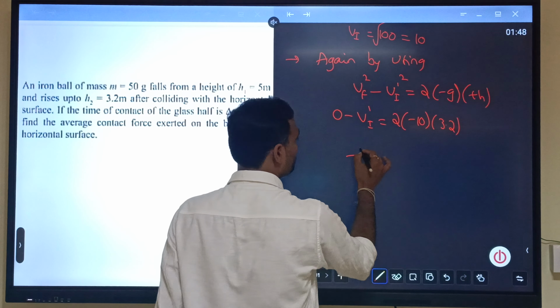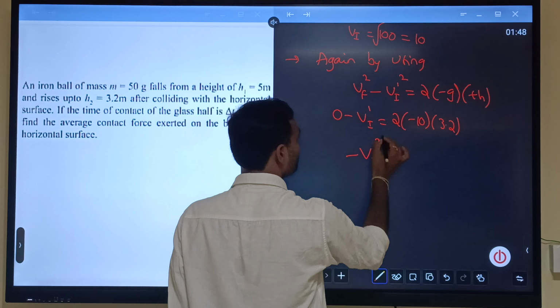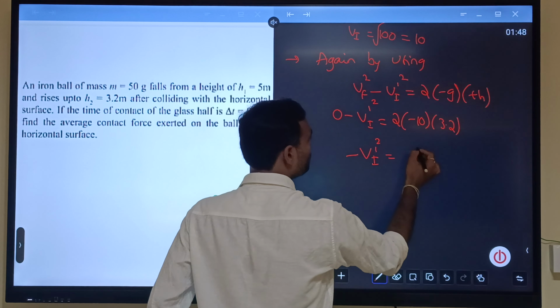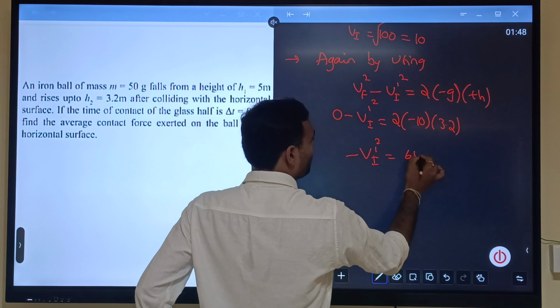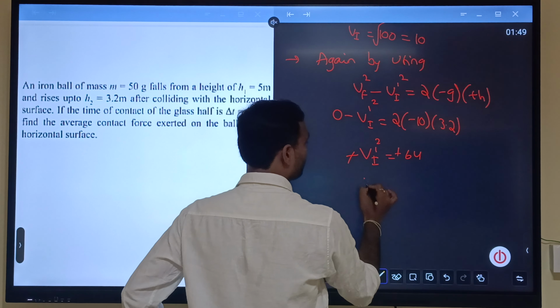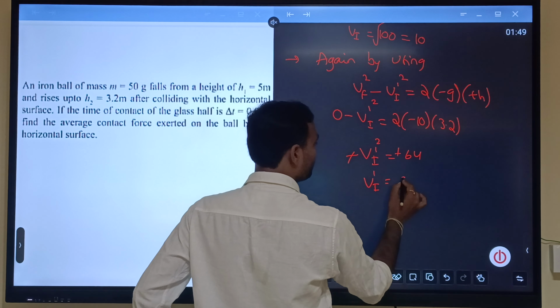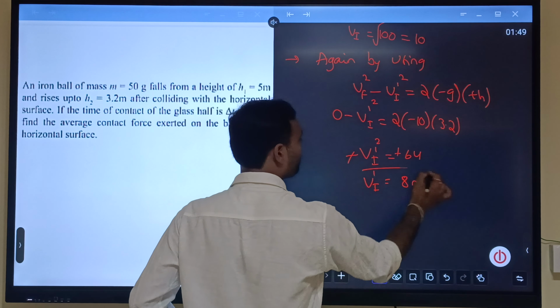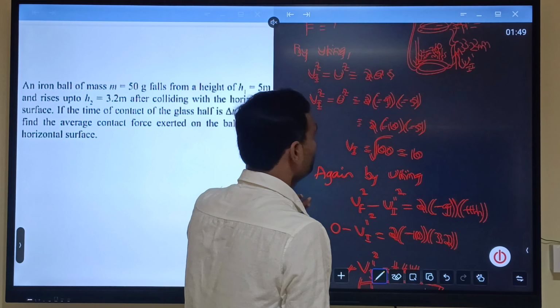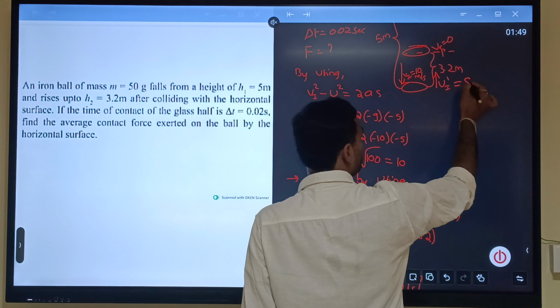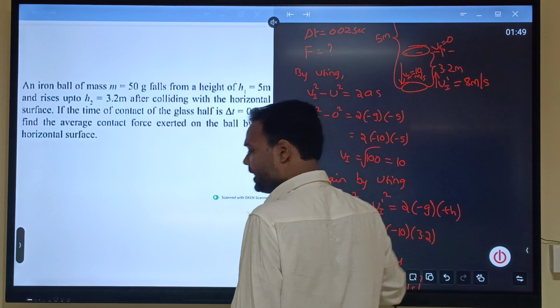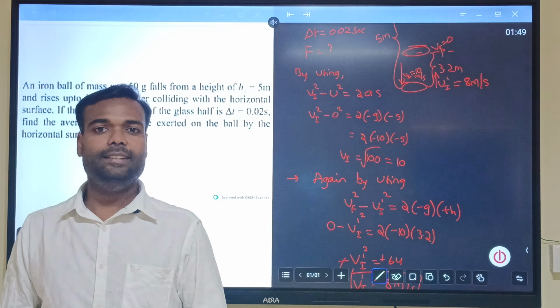So can I find now Vi dash square is equals to 64, minus gets cancelled, then Vi dash is equals to 8 meter per second. That means after collision, the object attains a velocity of 8 meter per second.